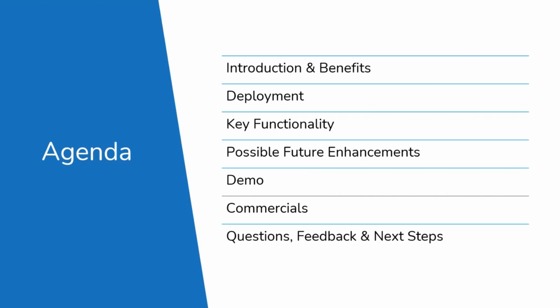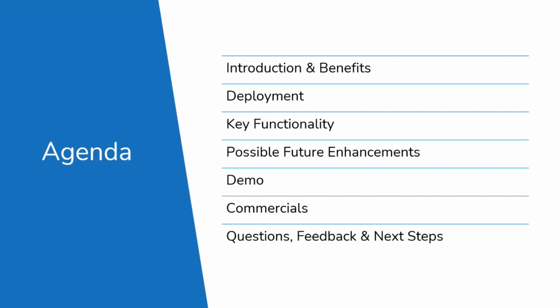So on the agenda, we're going to go through the introduction and benefits of the solution, the deployment. We won't get too technical on that, but just to give you an idea of how it's deployed. Key functionality. Talk about possible future enhancements. We have got a roadmap and wish list on our website.